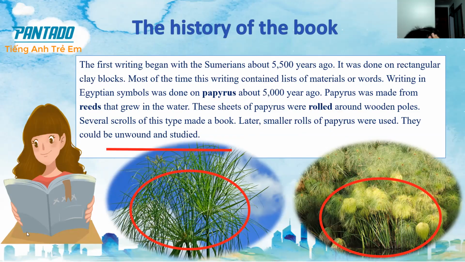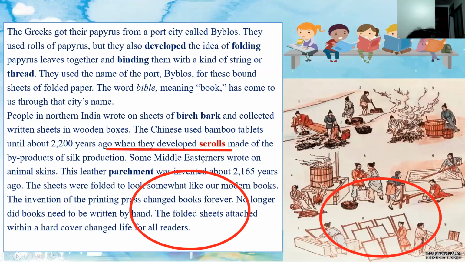Now, the Greeks got their papyrus from a port city called, what is the name of the city? The Greek Byblos, okay. Then they used rolls of papyrus, but they also developed the idea of folding, and then they bound them with a string or thread.